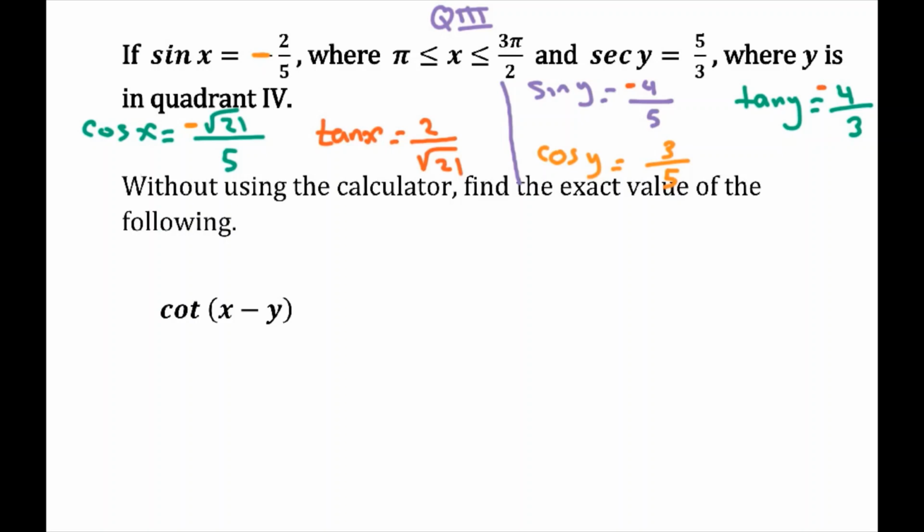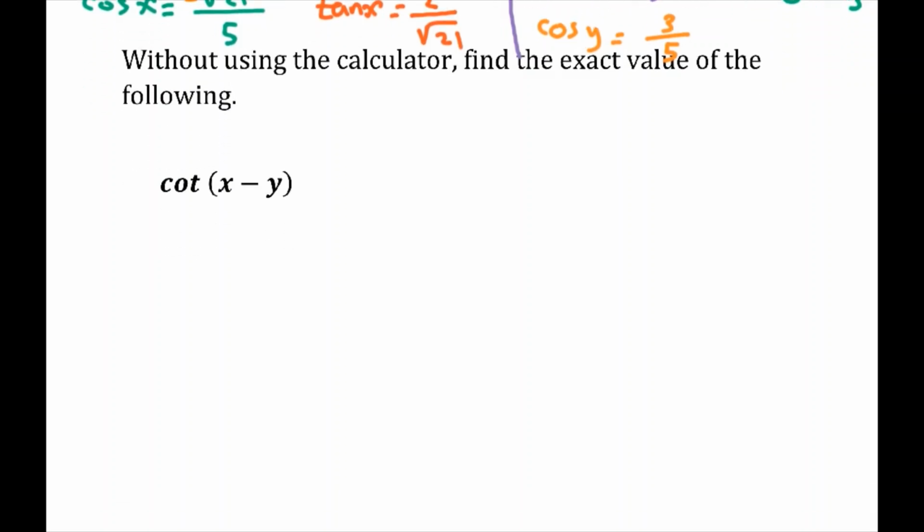Now we can find the cotangent of x minus y, which is the reciprocal of the tangent of x minus y, and that's going to be 1 plus tangent x tangent y over tangent x minus tangent y.